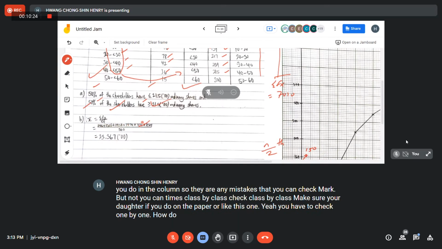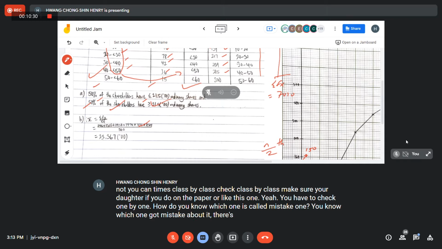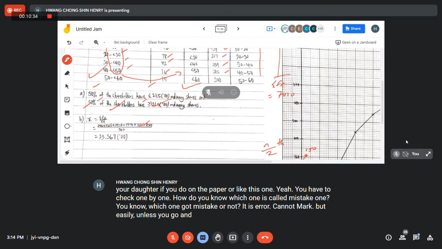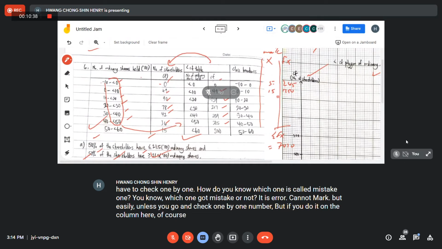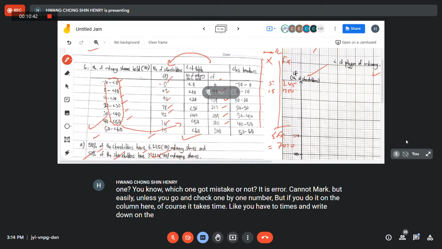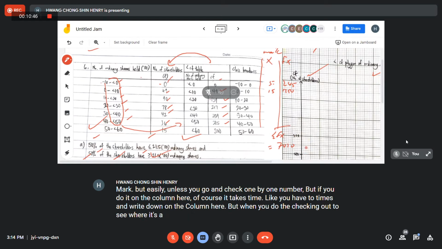How do you know which one has a mistake? Not easy, unless you check number by number. But if you do it in the column, of course it takes time, you have to write it down, but when you check where the mistakes are, it's easier.